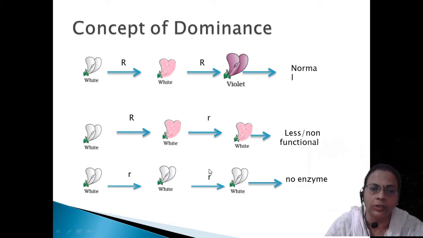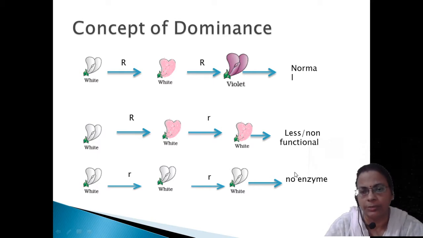Even here, if it is small r, it will again remain white because they cannot produce the correct amount of enzyme, because both the alleles are recessive.